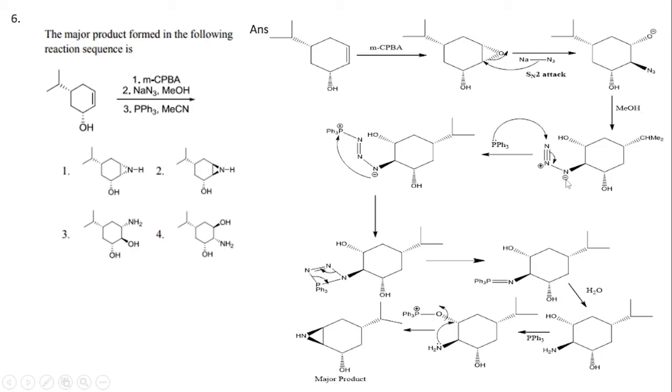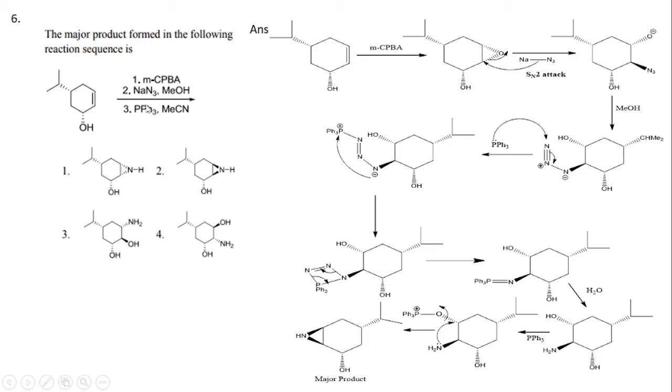Our azide, that is N3, is normally present like this way: N triple bond N, with N plus single bond N minus, and it is bonded to this ring. Then they are adding this PPh3.